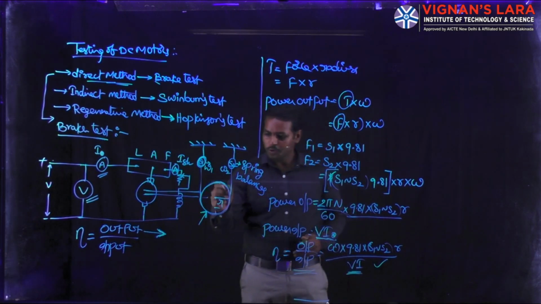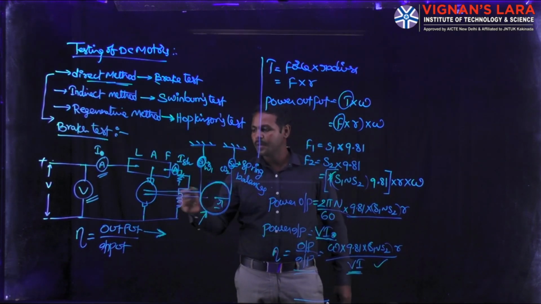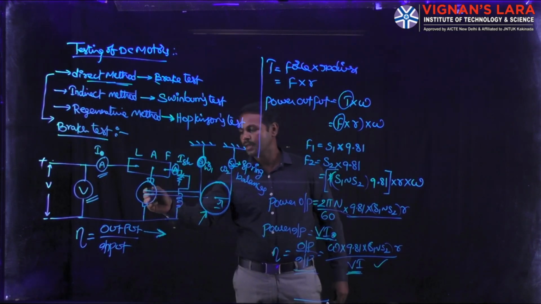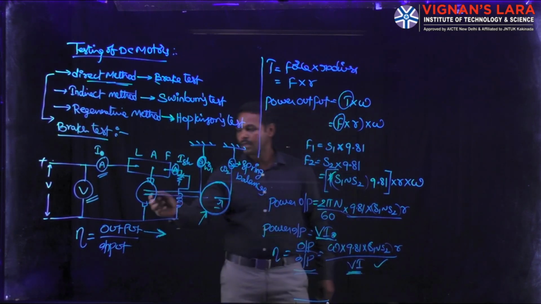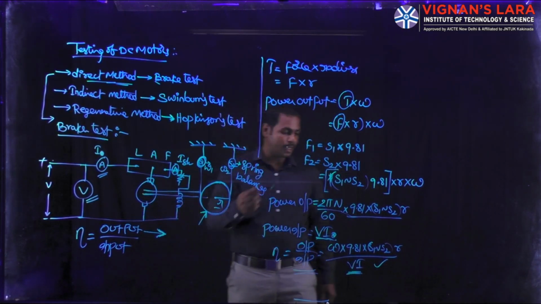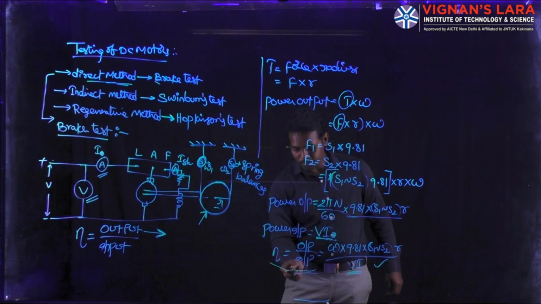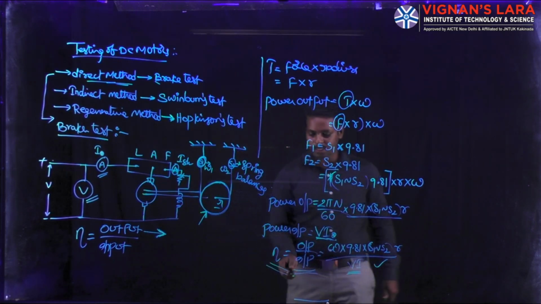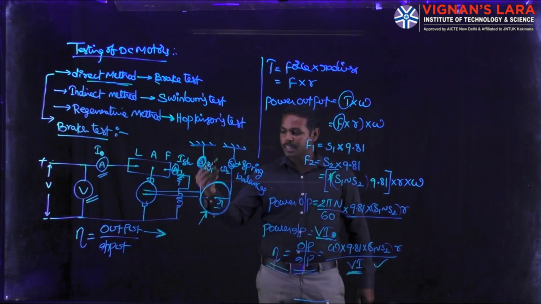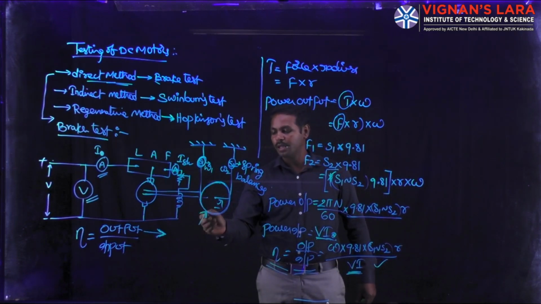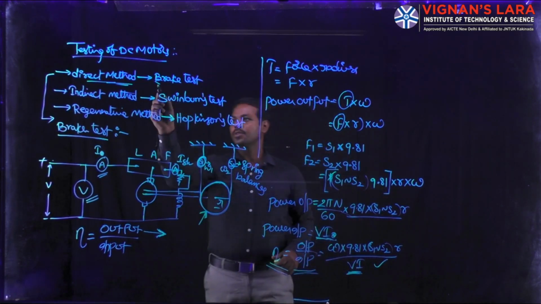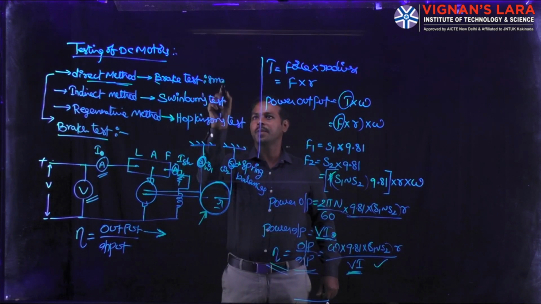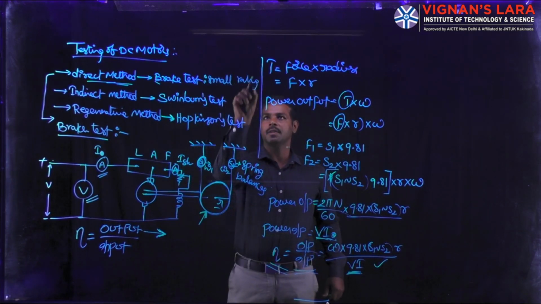Under full load condition, we get the no load losses and the full load copper losses, but the core losses are not separately obtained. So another disadvantage is that it is only applicable for small rating machines. For large rating machines, a high amount of load cannot be applied on the motors. So that's why the brake test is only applicable on small rating machines. This is very important.